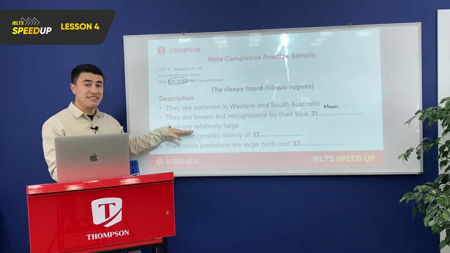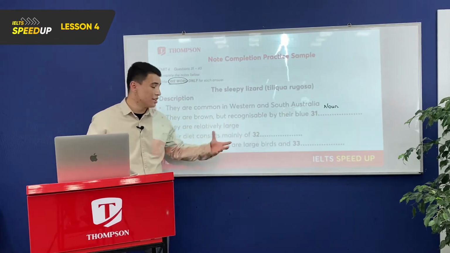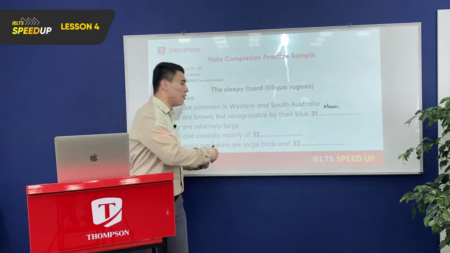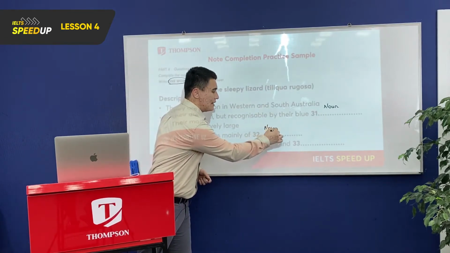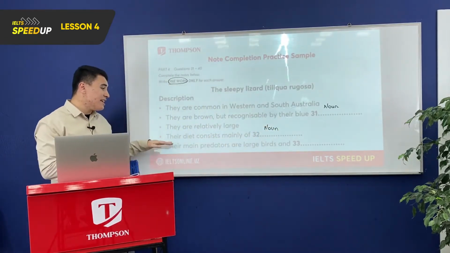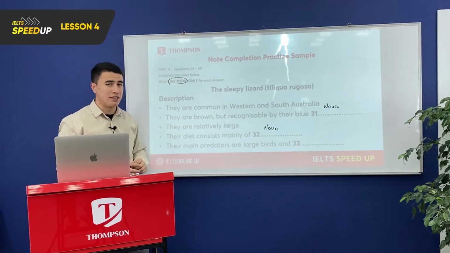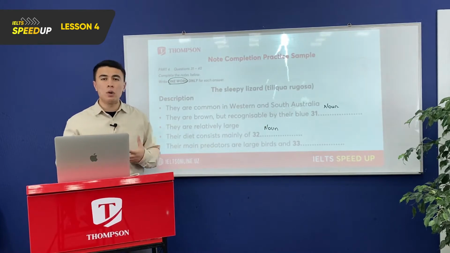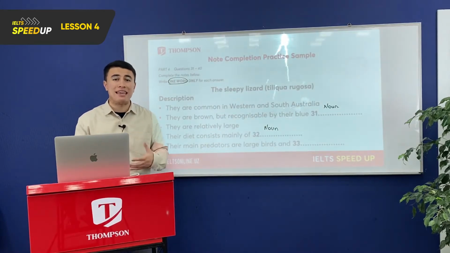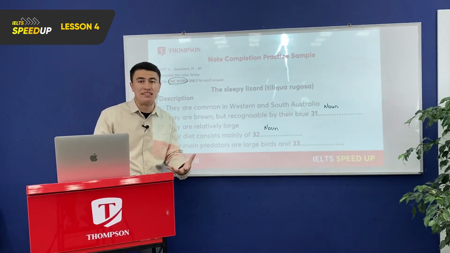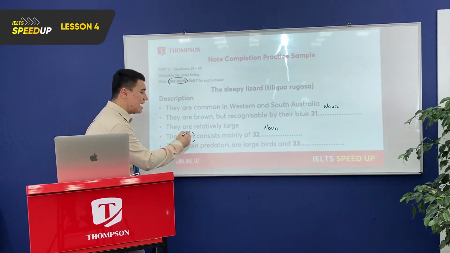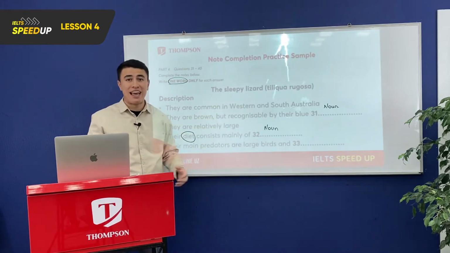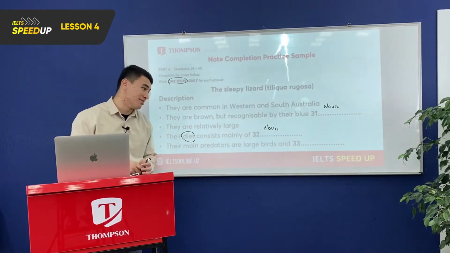Next, they are relatively large, fine. Their diet consists mainly of. Here we need a noun again. When you're analyzing the booklet, you should always focus on the words that may block or inhibit your understanding. So the word diet is the range of food eaten by this animal, not the diet you guys sometimes understand.